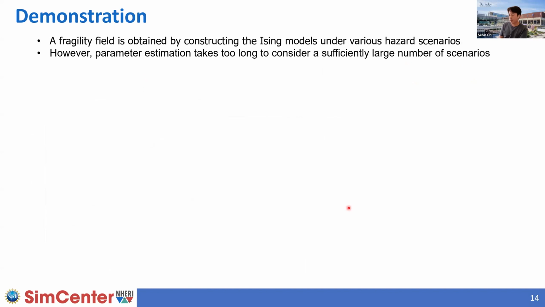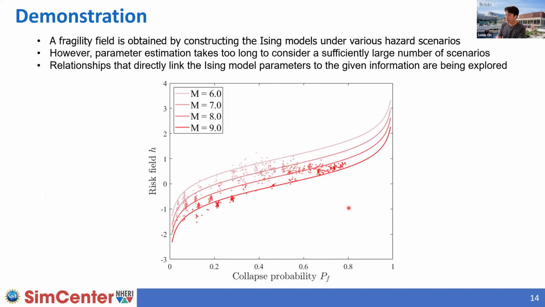But the problem is the parameter estimation procedure takes too long to consider a sufficiently large number of scenarios. So currently, the direct relationships between the Ising model parameters, H and J, and the given information, the first and second order moments, are being explored.